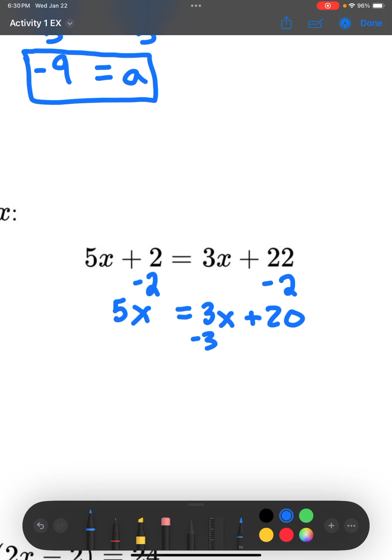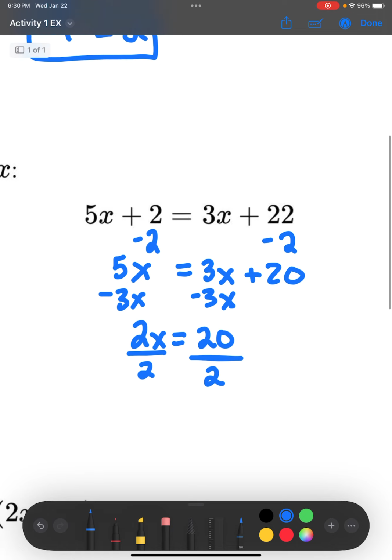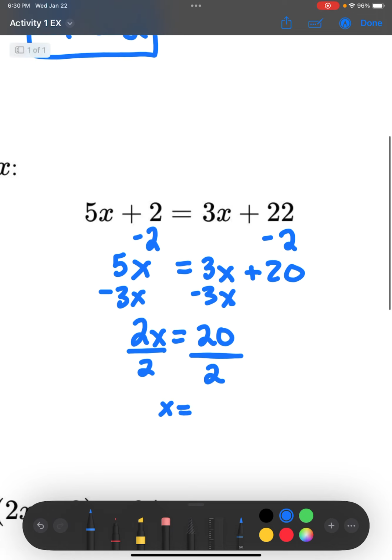Then let's get that 20 by itself. We take away 3x from both sides. That leaves us 2x equals 20. And to get the x by itself, we divide by 2. And x equals 10. Like I said, you are welcome to go back and check whatever makes it easier, but I do know that the answer is 10.